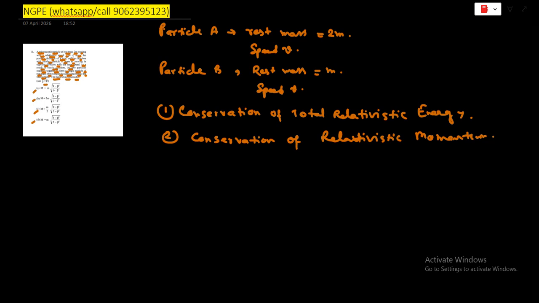Now let gamma equal 1 by root over 1 minus beta square, where beta is v by c. Now let's talk about the push.